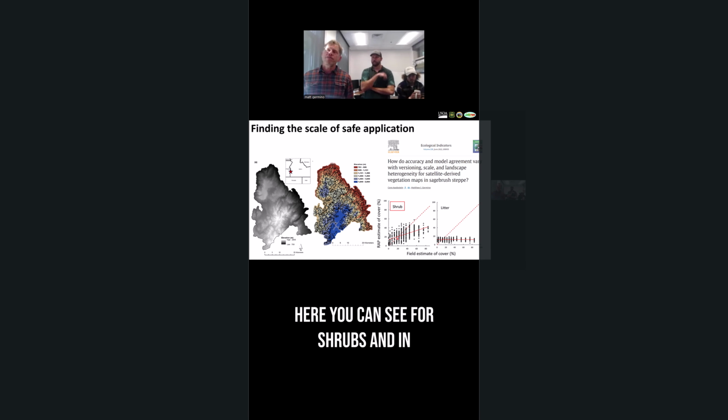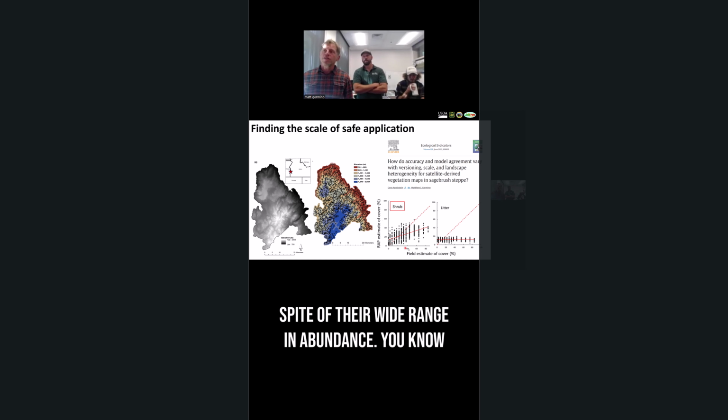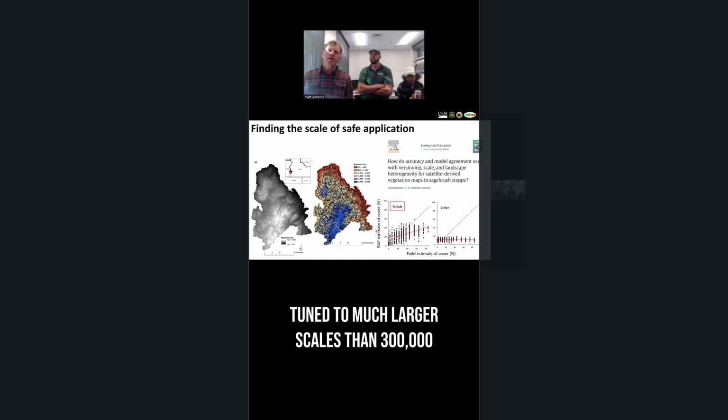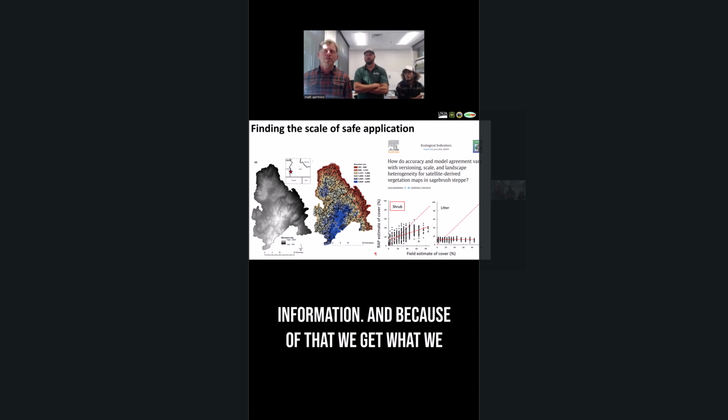And here you can see for shrubs, in spite of their wide range in abundance, there's a tremendous offset. The model is tuned to much larger scales than 300,000 acres. Even though this is a large landscape, it's still small compared to this sort of model information.